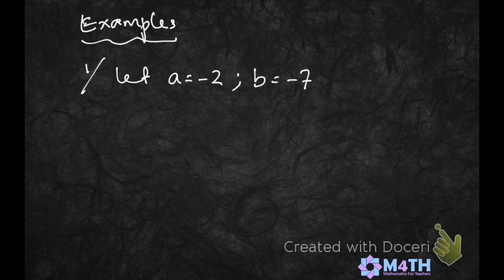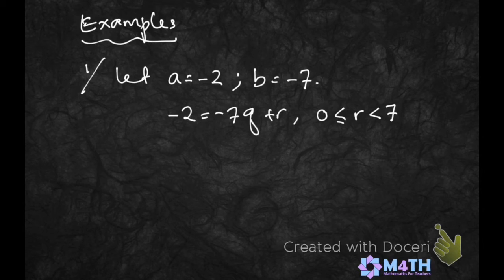Now we can take negative values. Writing down the division algorithm, we have negative 2 is negative 7 times q plus r, and r will be between 0 and 7.